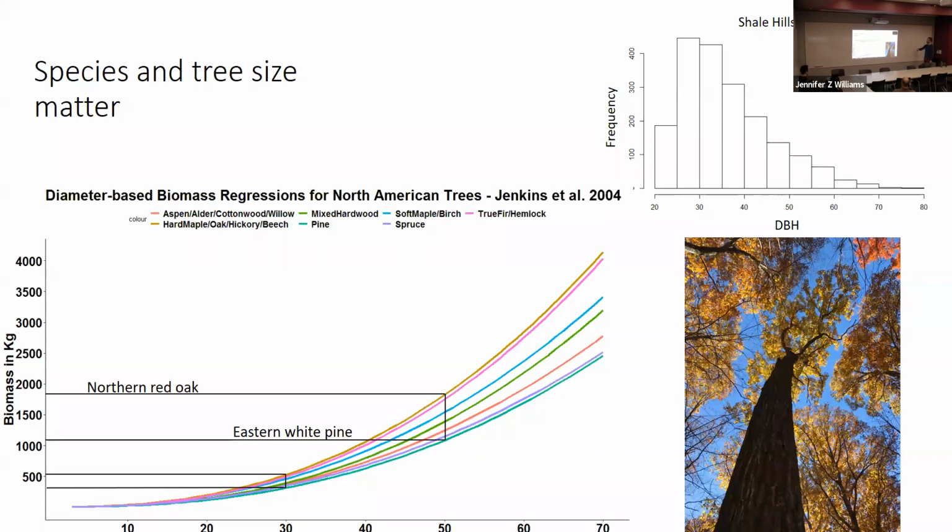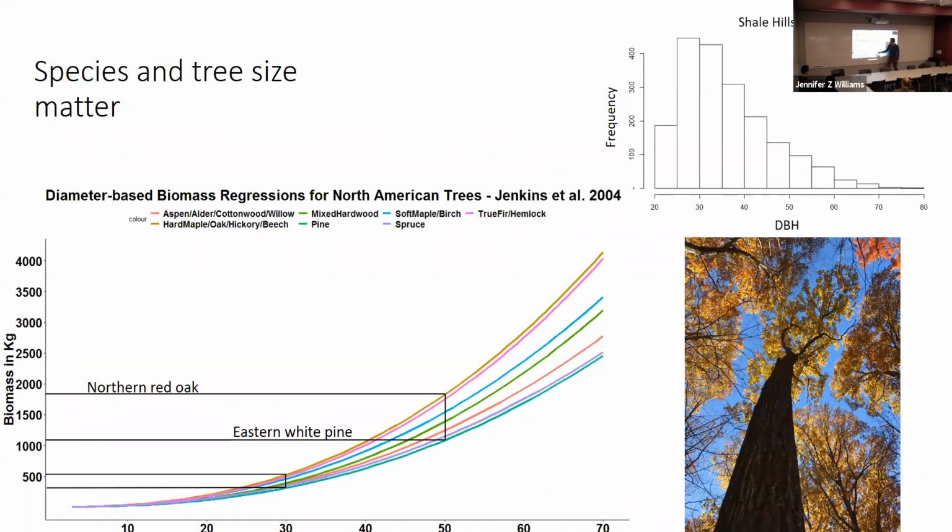But one of the things that's important here is that between species and between tree sizes, you end up getting a different amount of biomass. That's based on a lot of different things like wood density and biology, the way the trees grow. So here's an example where I have northern red oak and eastern white pine at 50 centimeters compared to a northern red oak and an eastern white pine at 30 centimeters.